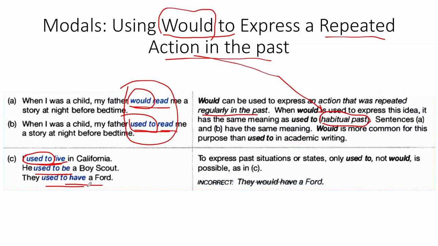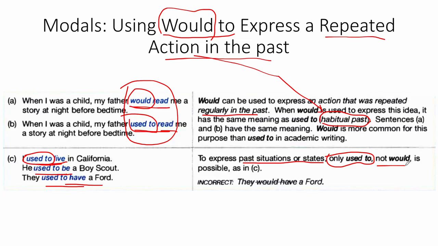Used to be, used to have. So to express past situations or states, as opposed to repeated actions or habitual actions in the past, we can use only used to, not would. It is not possible to use would for this kind of situation.